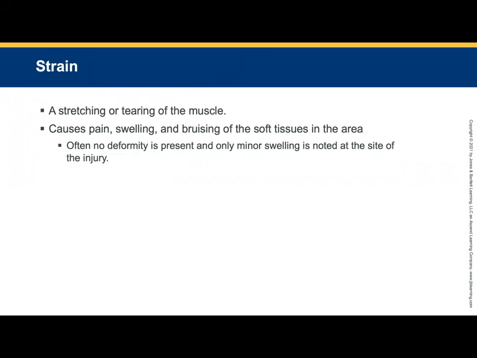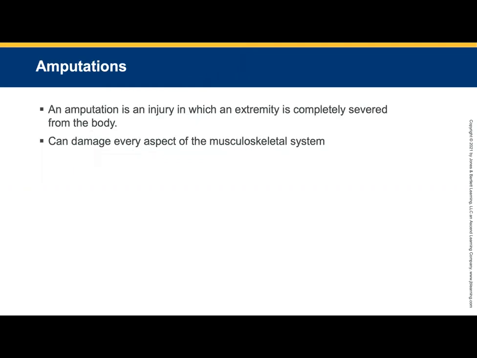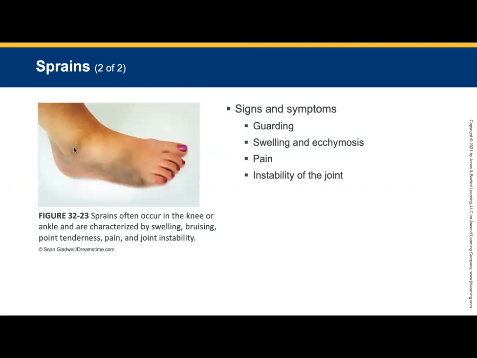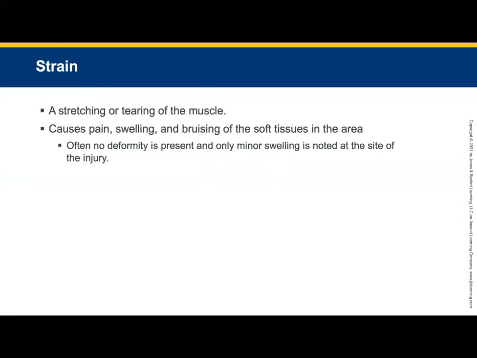If I had to take one, I'd take a strain versus a sprain. That's just personal. Most patients will have extreme pinpoint tenderness. Looking at this picture, she's going to say it hurts right here. It doesn't hurt anywhere else, but this is where it hurts. If you touch right there, I'm going to kick you. Those are the kinds of assessments you get from those.